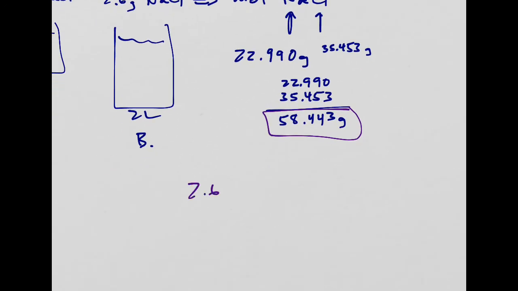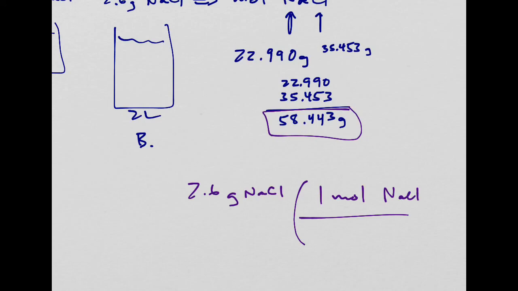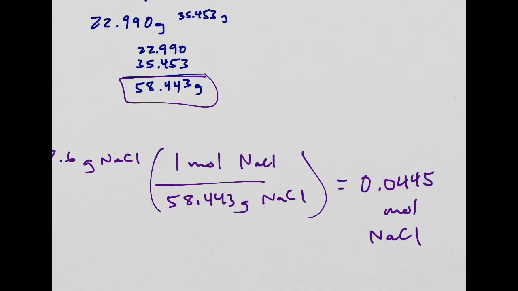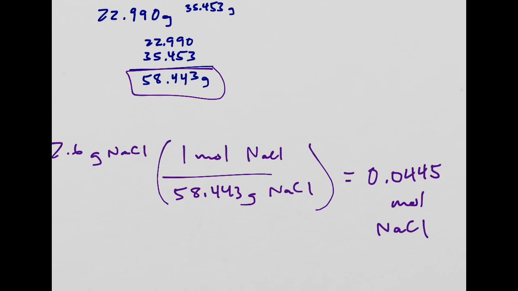So I would take my 2.6 grams of sodium chloride. I know that I want to end up with moles of sodium chloride, so per 58.443 grams sodium chloride. Crank that out, and you can see that I end up with 0.0445 moles of sodium chloride.